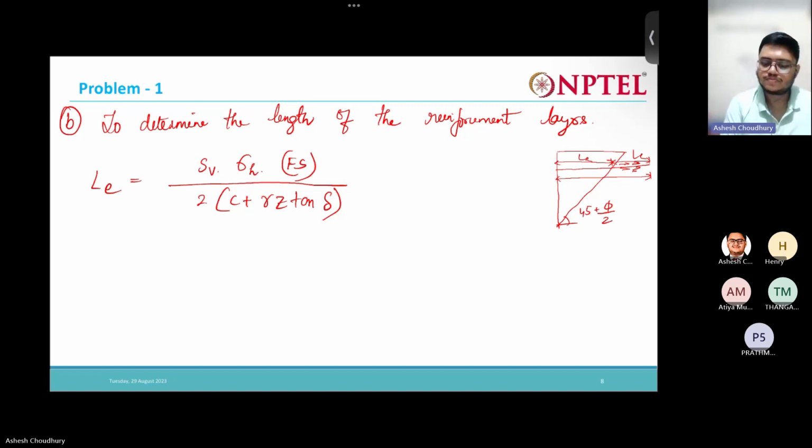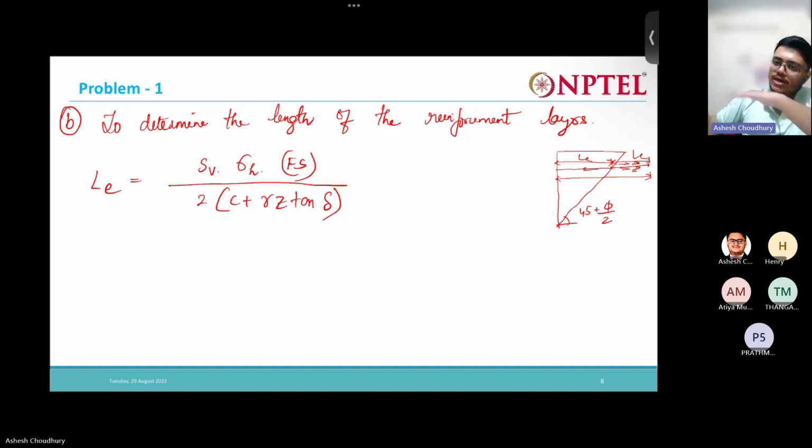So when some loads are acting on this reinforcement, these loads will try to pull the reinforcement out of the layer. That pulling out should be resisted by the friction or the shear force developed at the top and the bottom of the reinforcement layer, and that should be resisted by this embedment length, the length of the reinforcement outside the active wedge.